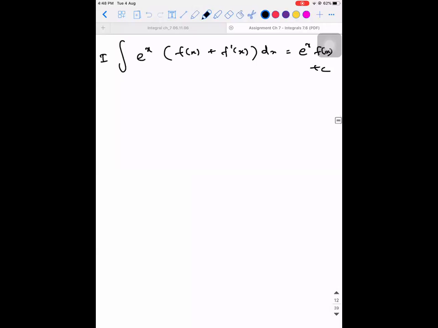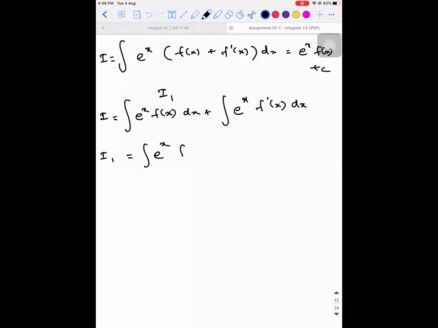So if I take this as I, then I will be equal to the integral of e power x into f of x dx plus the integral of e power x into f dash of x dx. I hope it's clear. If this is taken as I1, then I1 will be equal to the integral of e power x into f of x dx. So this is taken as the second function and this as the first function.